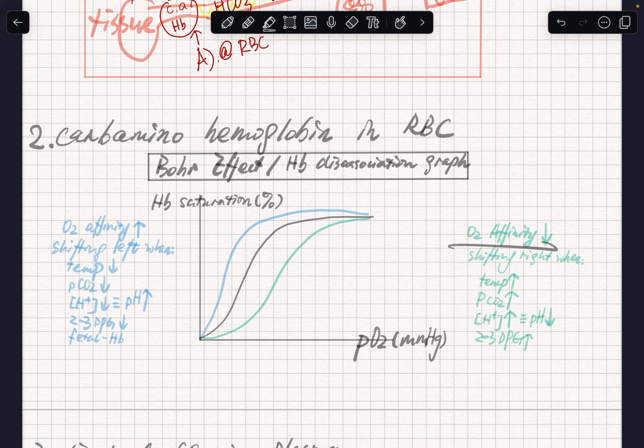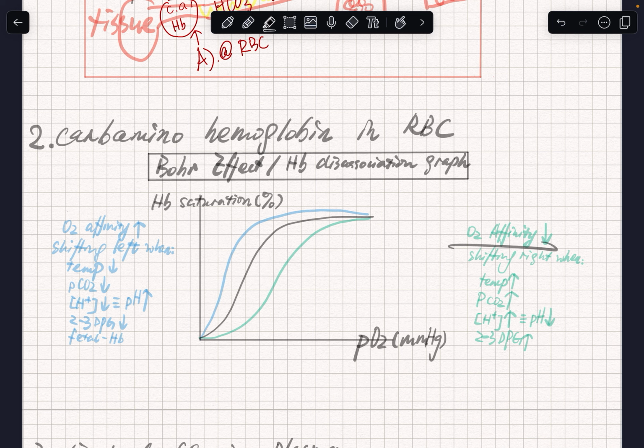Why? Because your body needs oxygen. So I'm going to decrease the affinity so that hemoglobin can dissociate from the oxygen, so the oxygen can be dropped off to your tissues, especially the muscle tissues, from the example I discussed, right?